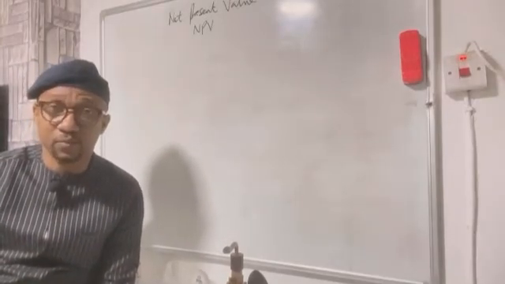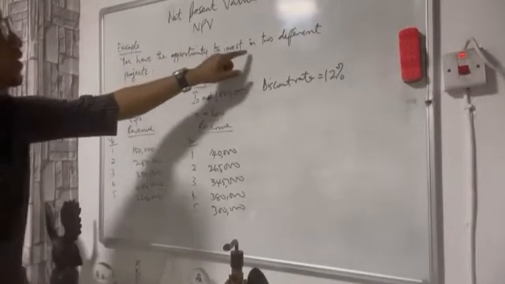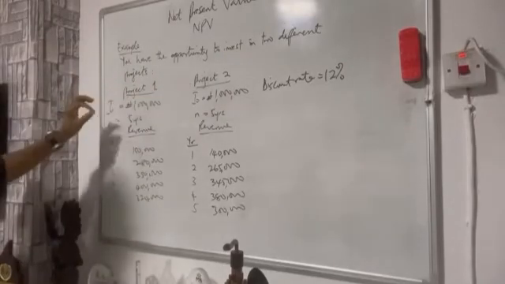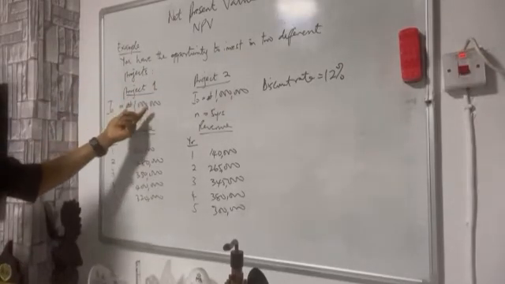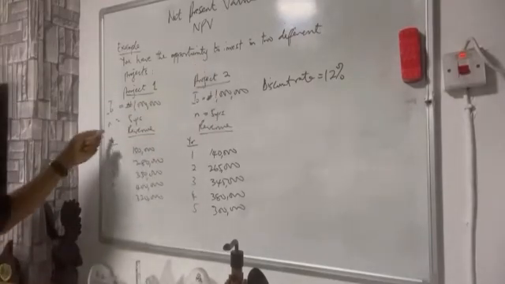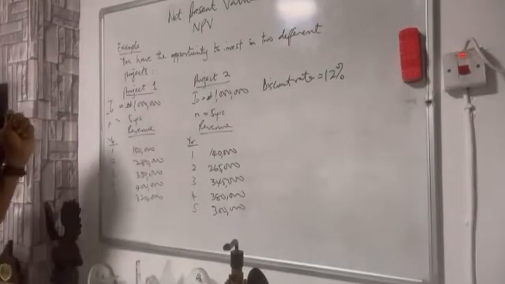Now, as an example, you have the opportunity to invest in two different projects, Project 1 and Project 2. Project 1 has an initial cost of 1 million. Project 2 also has an initial cost of 1 million. Project 1 and 2 both have 5 years duration.